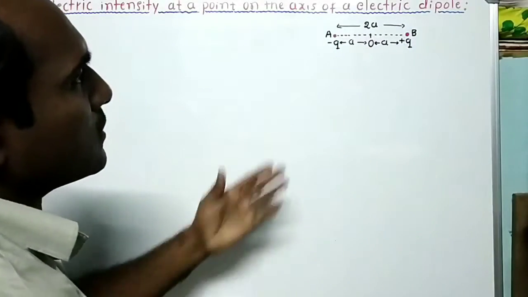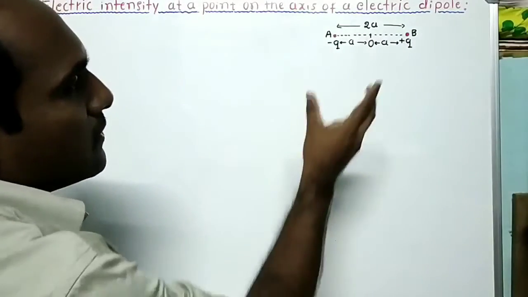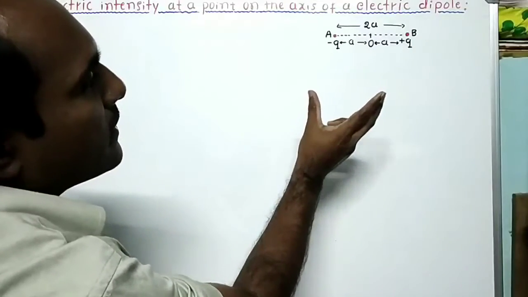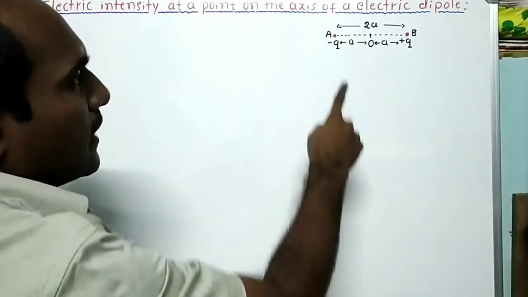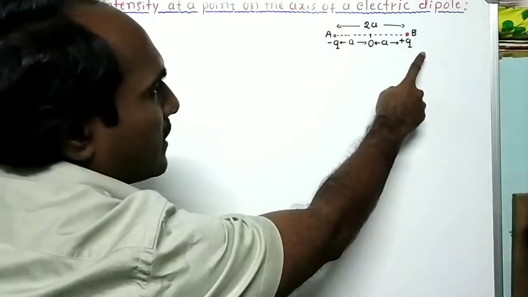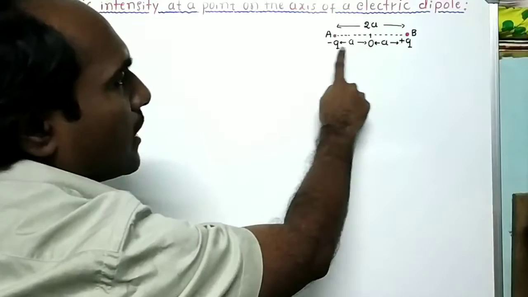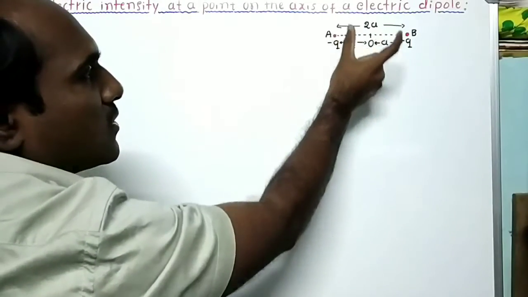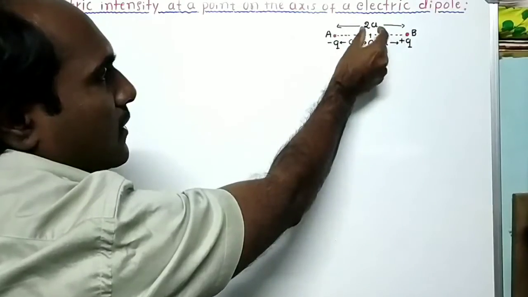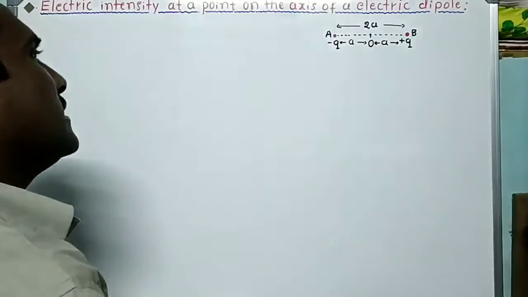My dear students, see here, this figure is representing an electric dipole. Electric dipole AB contains two equal and opposite point charges separated by some distance. Here 2a is the dipole length and AB is the electric dipole.